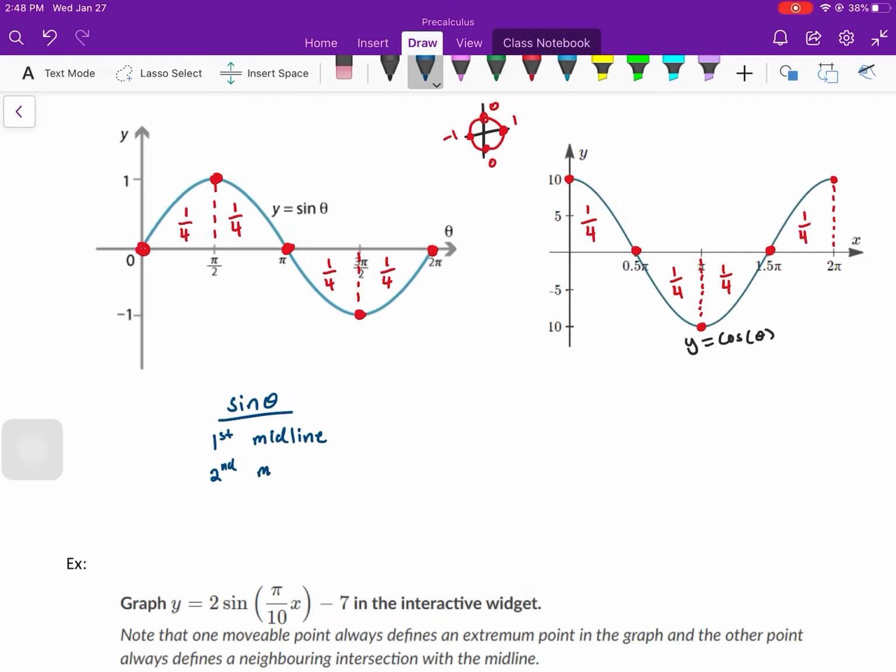Second, max. Third, back to midline. Fourth, the min. Max if negative.